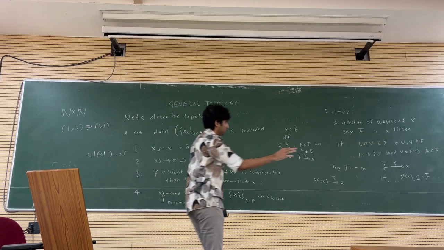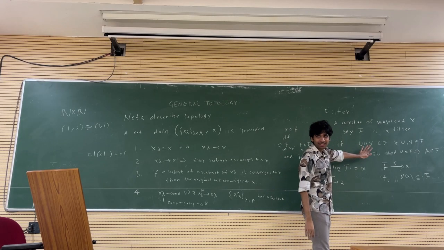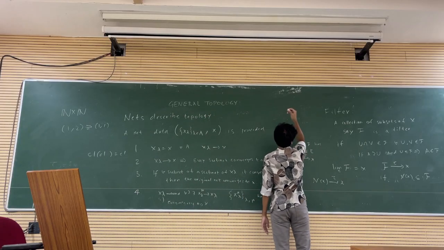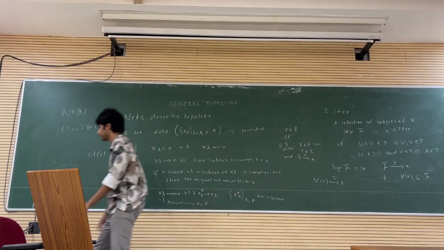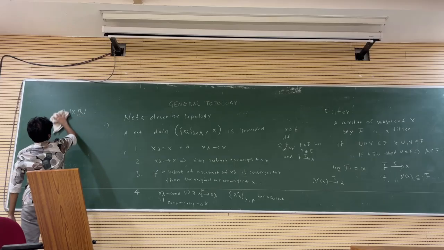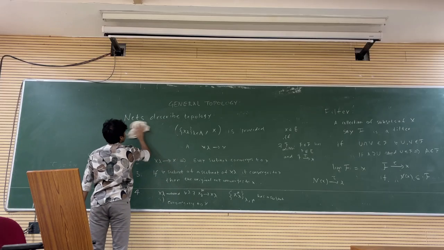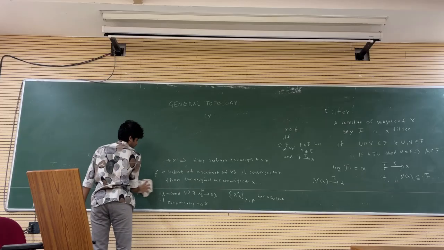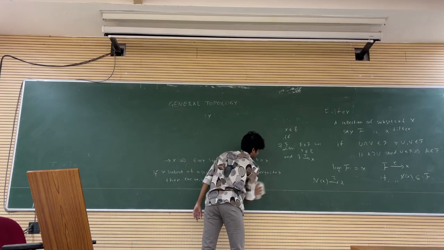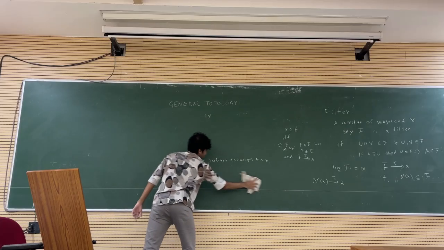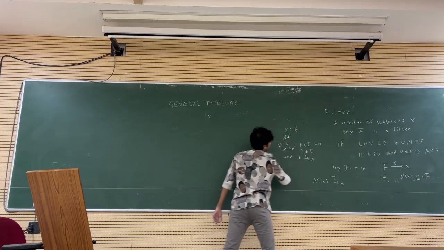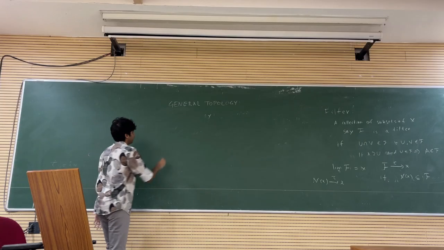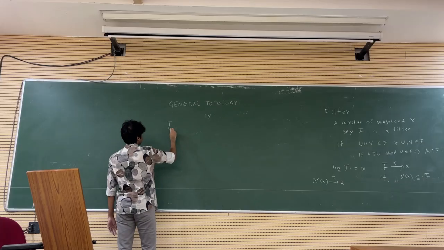How are they nets? So you have this property. Use this to create the index, as we did in neighborhood, right? Because that's all we needed. So given a filter f, how will we produce a net?